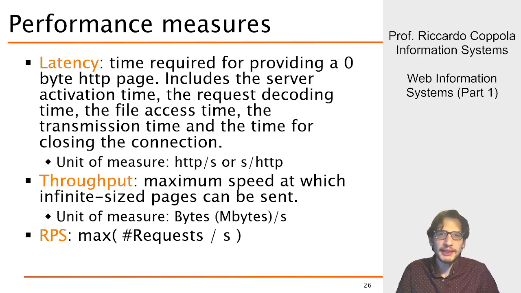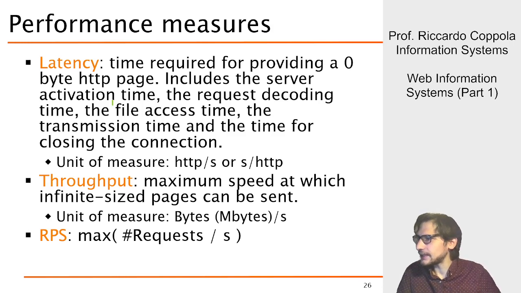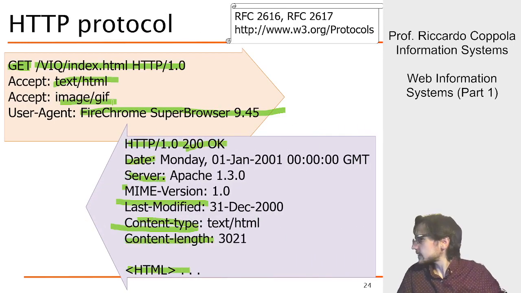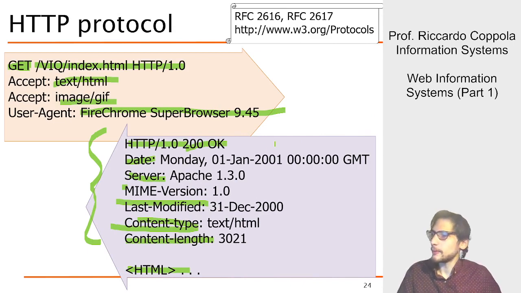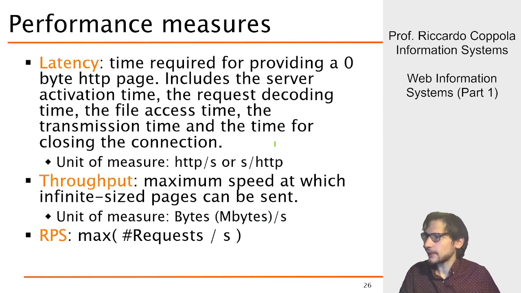The latency is defined as the time that is necessary to provide a 0-byte content, meaning that I suppose I want to send back an empty content. So if I send back an empty content with my server, I am just sending this stuff here, just the header. It is the minimum amount of information that I can send back.